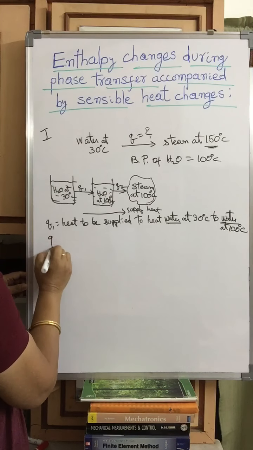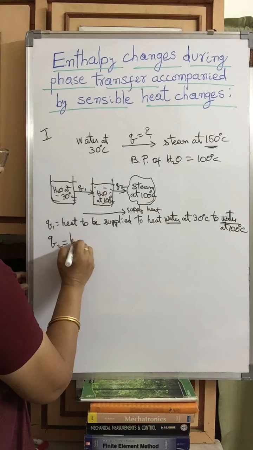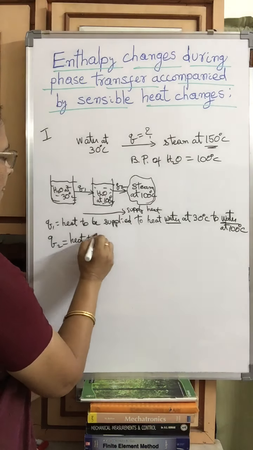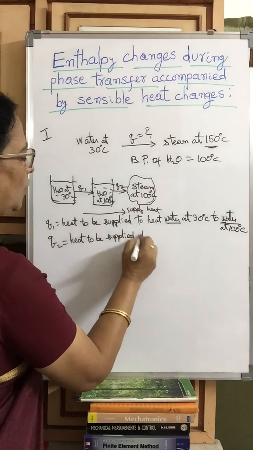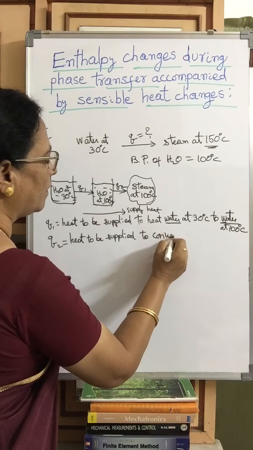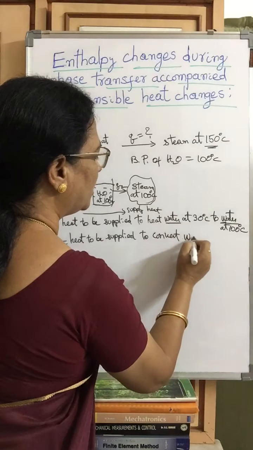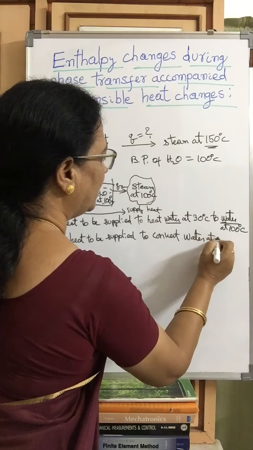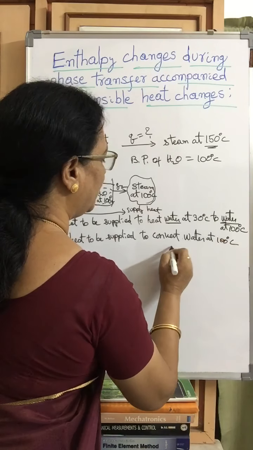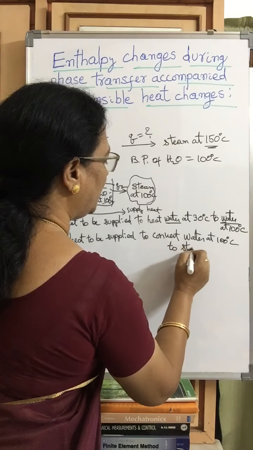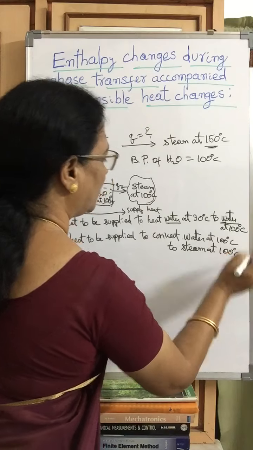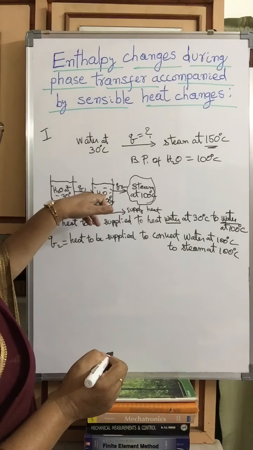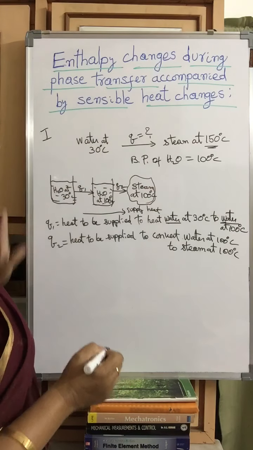So Q2 is equal to heat to be supplied to convert water at 100 degrees centigrade to steam at 100 degrees centigrade.